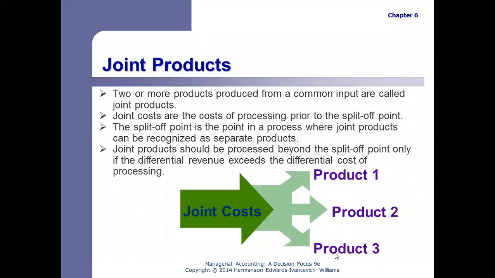Another product might be a luxury line of high-end products. Each of those products has a different process. Once the wood is cut into lumber, each product has a different process to get it to its particular product. So the question becomes, at what point should we sell those products?